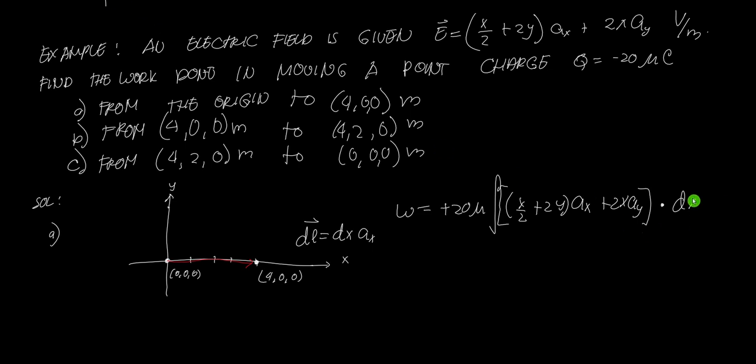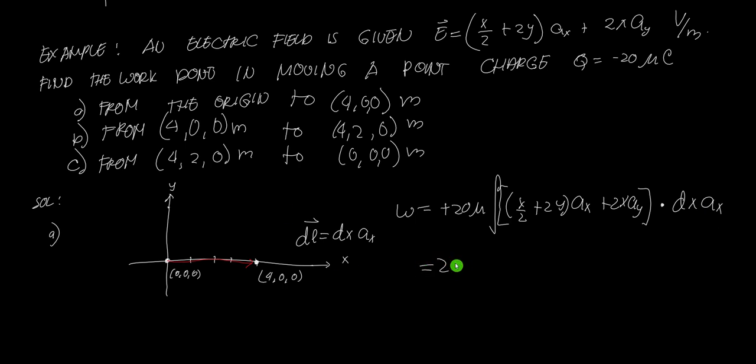If you take the dot product, you can distribute it. ax dot ax is just equal to 1, ay dot ax is equal to 0, so we can eliminate that part. We just multiply by dx times (x/2 + 2y).